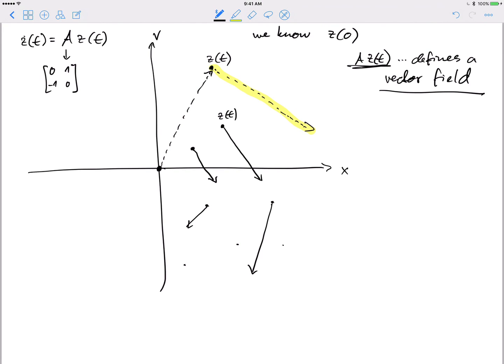So at this point, you should have enough geometric intuition to tell me if I start here, how the motion will look, even without computing anything or doing any differential equations. You should have a geometric intuition of how the motion will probably look.